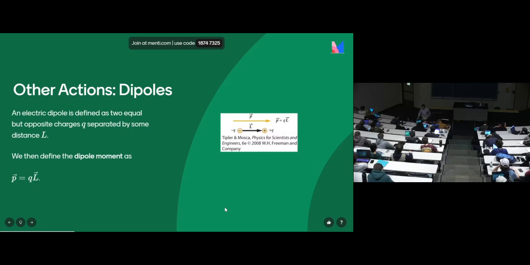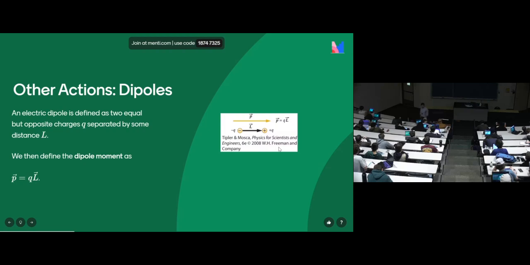And so in this case, we have a charge, minus q, separated by a distance L from a charge plus q, and that distance L we're going to represent as a vector pointing from the negative charge toward the positive charge. And so from negative to positive charge, the distance L, if you multiply those two together, charge times vector distance, then that is going to be our dipole moment, as it's called.